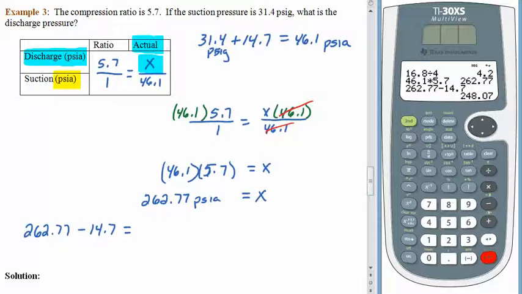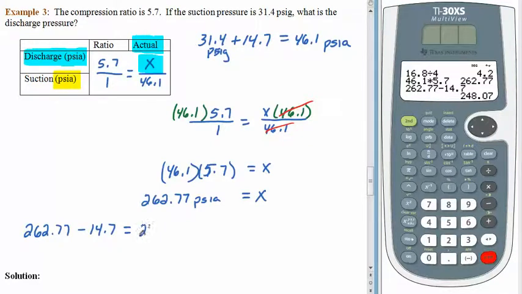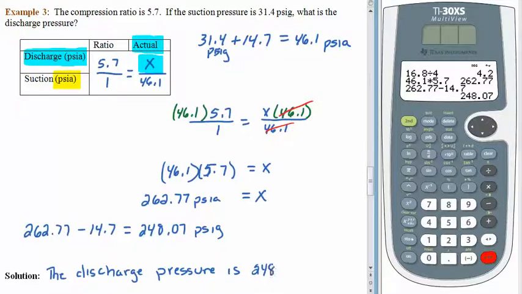There we go, 248.07. Now psig. So the discharge pressure is 248.07, or we could probably have just rounded to 248 psig. And there we go.